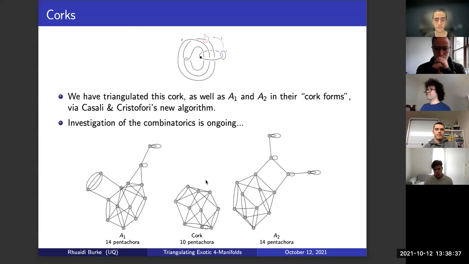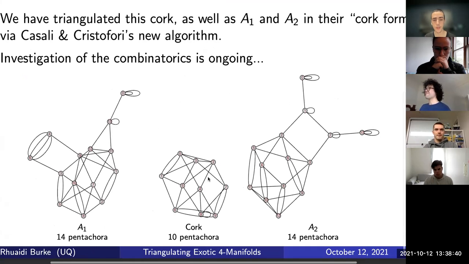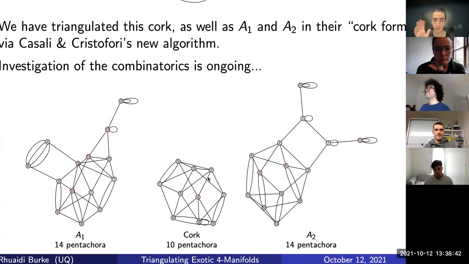Now you can see, hopefully, if I zoom in here, and I should mention this is all conjecture at this point, but you can at least see from these triangulations, so these are the dual graphs of the manifolds, in these 14 pentachora triangulations, A1 and A2, something on each of these which looks suspiciously like this 10 pentachora triangulation of the cork.